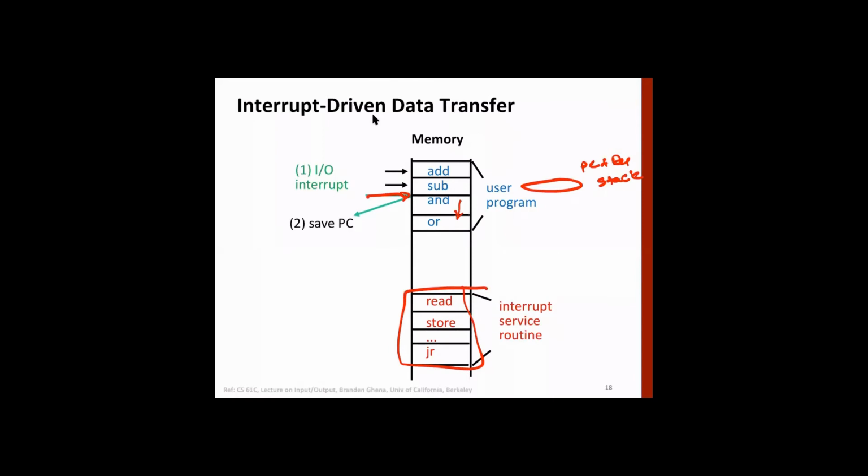So the PC jumps to the interrupt handler, and it performs the transfer. When this is over, control will go back here, and the next instruction will be executed.